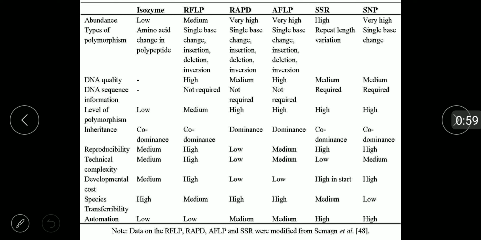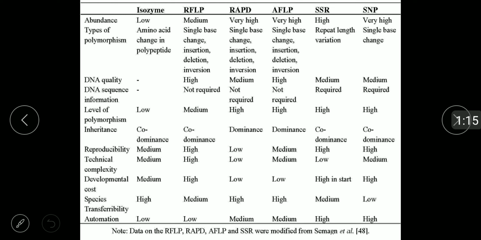Next, the types of polymorphism. For isozymes, an amino acid change in the peptide causes polymorphism, which we can see from one line to another, or one genotype to another, while doing the gel run.